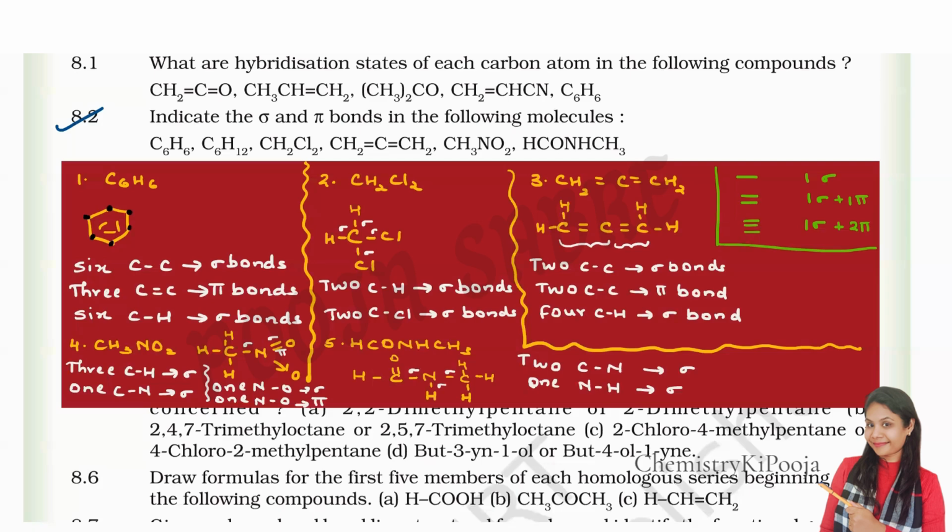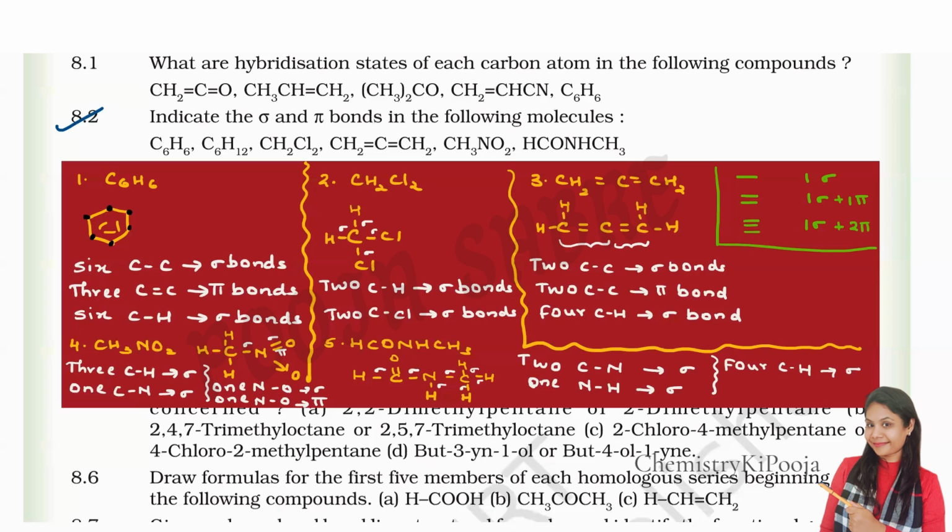Clear? After that, we have carbon and hydrogen. How many are there? We have 4 carbon-hydrogen sigma bonds. Which are those? 1, 2, 3, and 4.